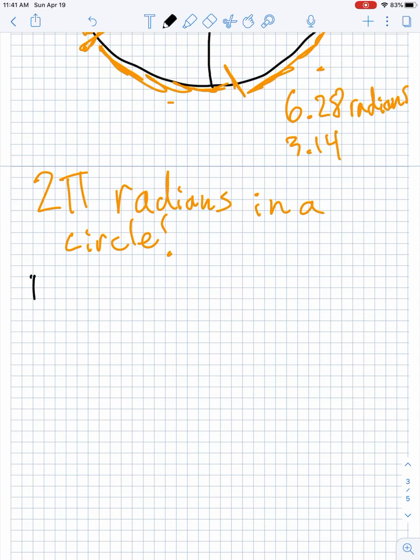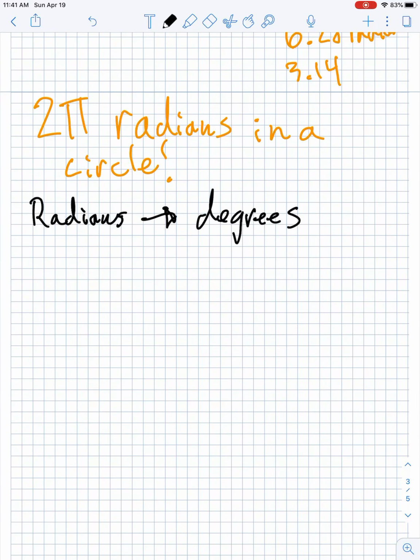So if you are going radians to degrees, you take your radian and you multiply by 180 over pi.